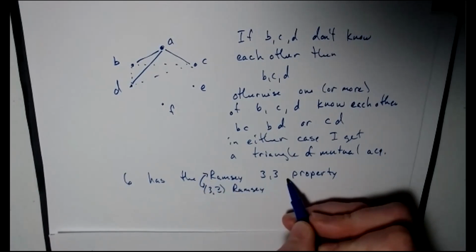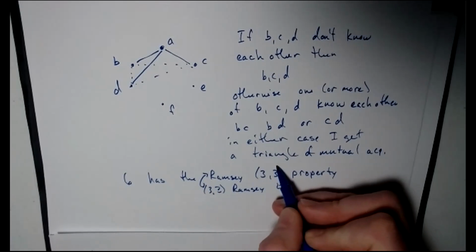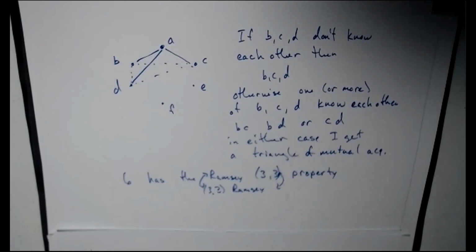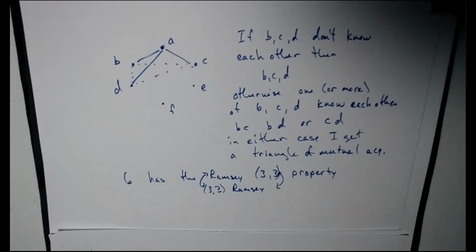So the Ramsey property is this notion of either a thing happens or a different thing happens.